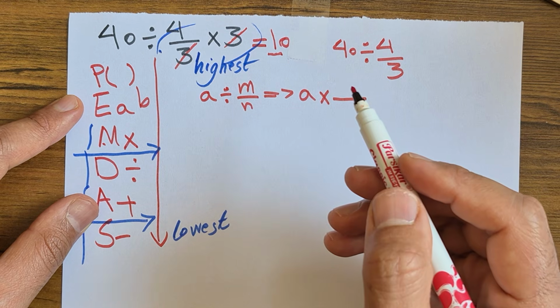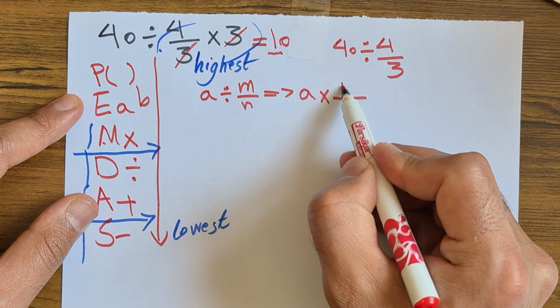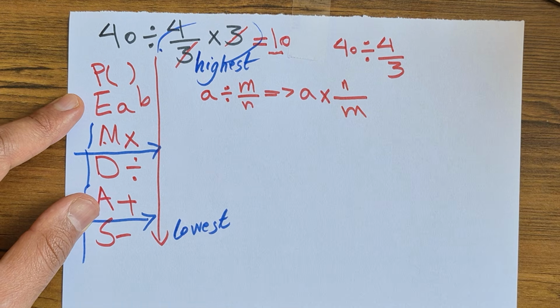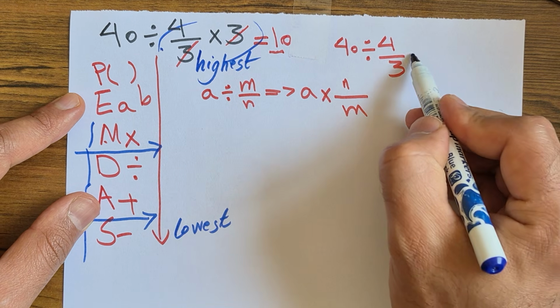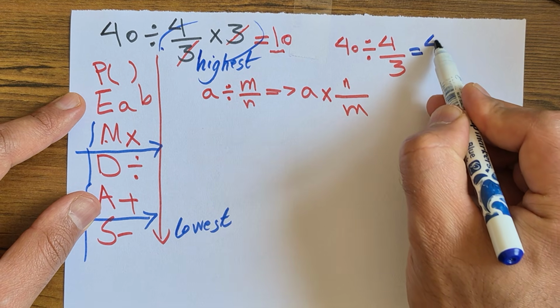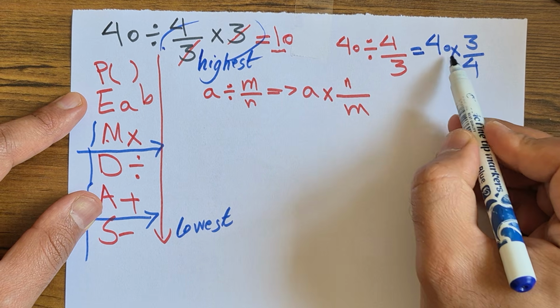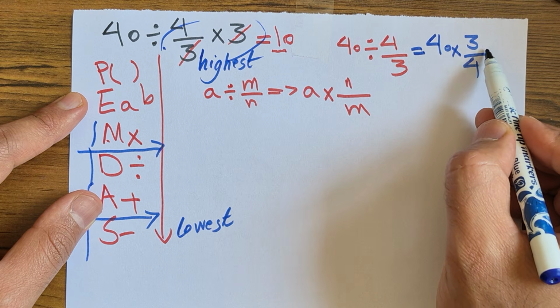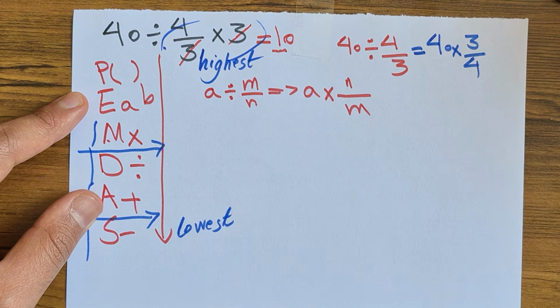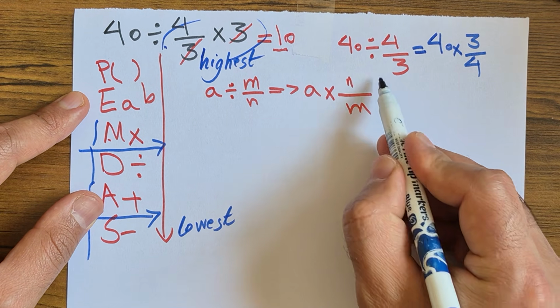In other words, reciprocate the fraction. So 40 divided by 4/3 equals 40 times 3/4. I changed the sign into multiplication and then I swapped the upper part and the lower part.